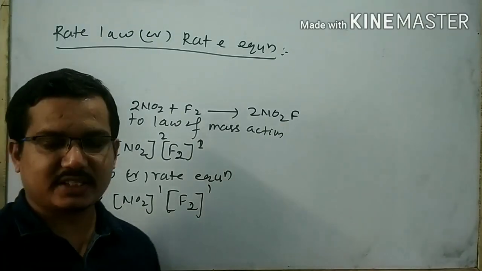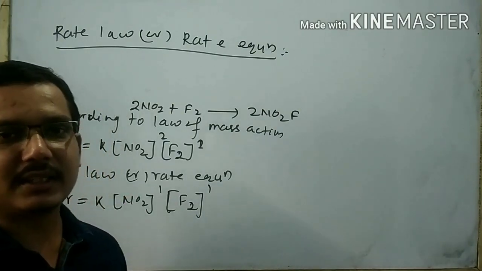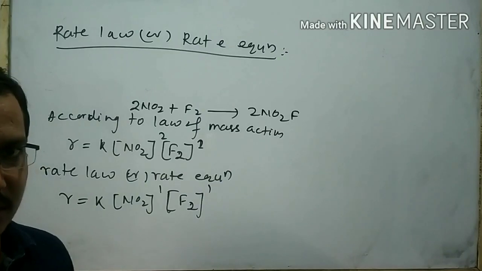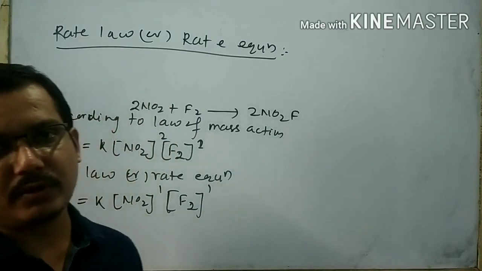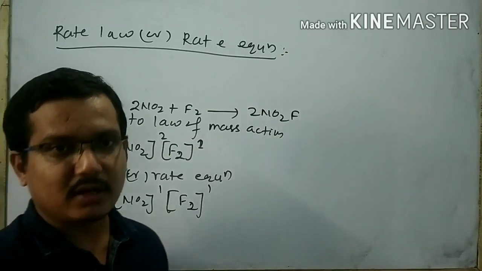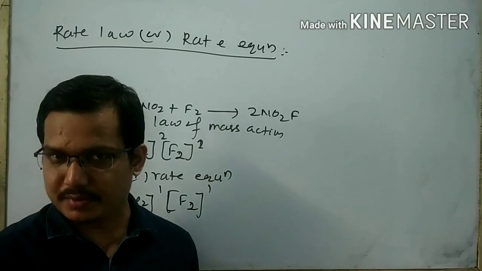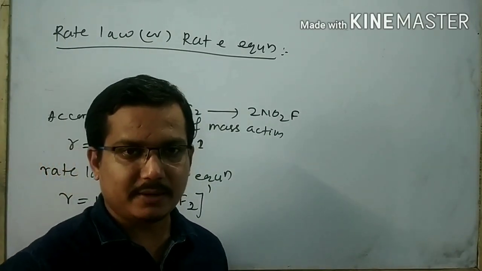From this expression, it is clear that all the molecules which take part in the reaction will not necessarily affect the rate of reaction. Maybe all molecules are responsible for the calculation of rate of reaction, or maybe not. This can be known with the help of experiment.